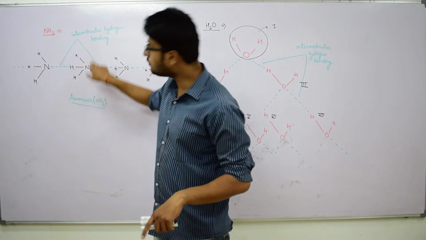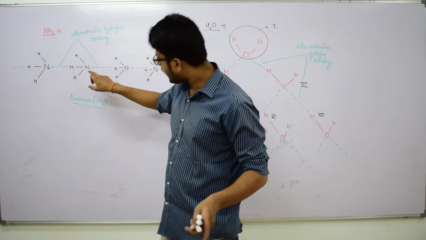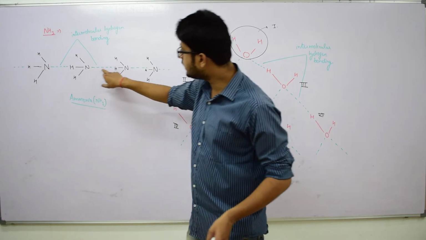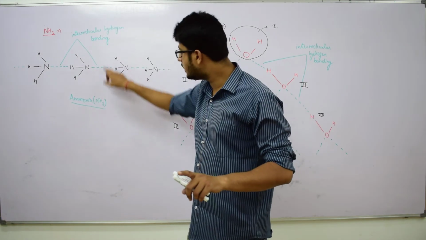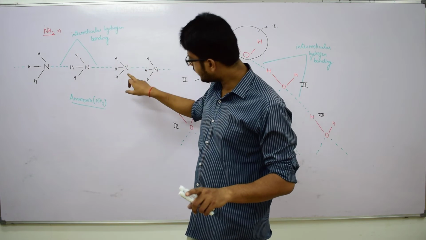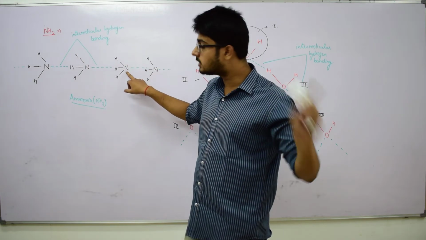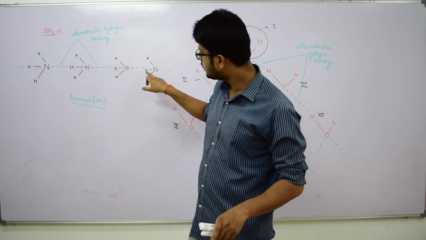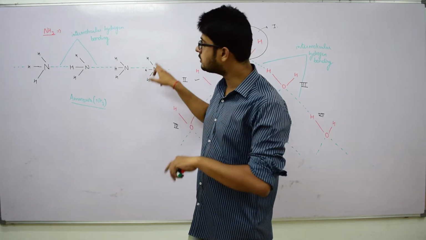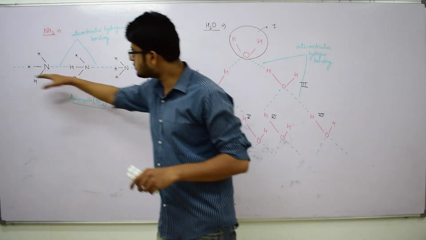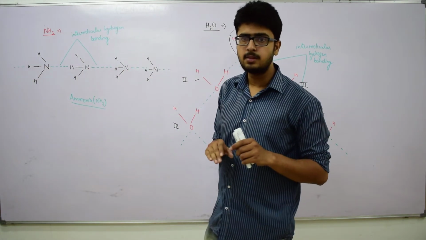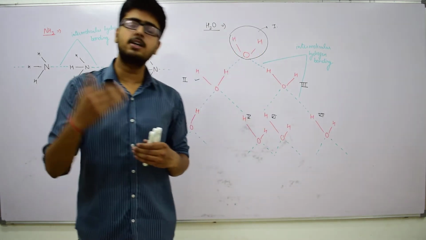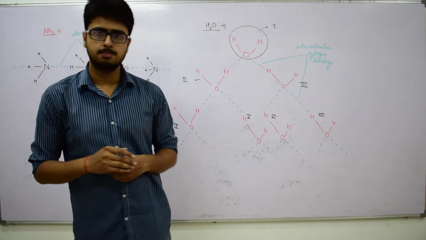So this is our second ammonia molecule, and again the nitrogen atom of the second ammonia molecule will be linked to one hydrogen of the third ammonia molecule, and again the nitrogen atom of the third ammonia molecule will be linked by intermolecular hydrogen bonding to one hydrogen of the fourth ammonia molecule, and this process will continue in the same manner, leading to the further attachment of different ammonia molecules.